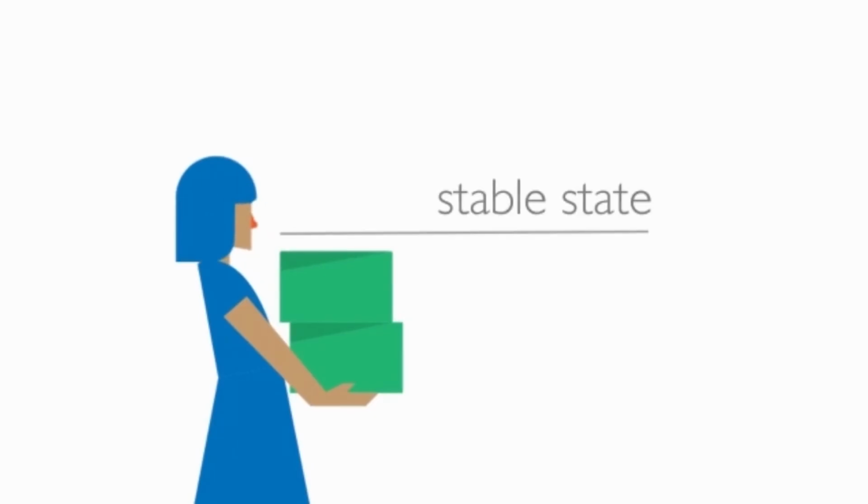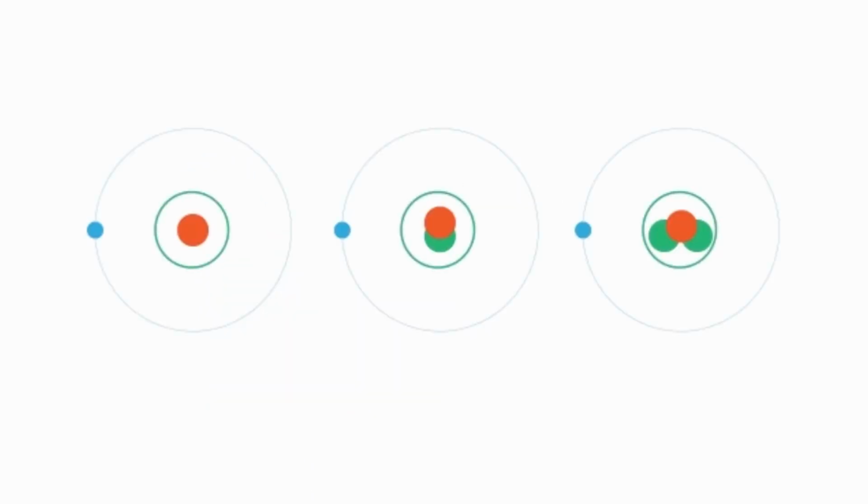And if you continue, you'll keep dropping boxes until you reach a manageable amount. This is your stable state. And nuclei behave in a similar way, and they will try to stabilize themselves. If there are too many protons or too many neutrons, the nucleus can spontaneously rearrange itself and throw out particles in the process. This is essentially what happens in radioactive decay.